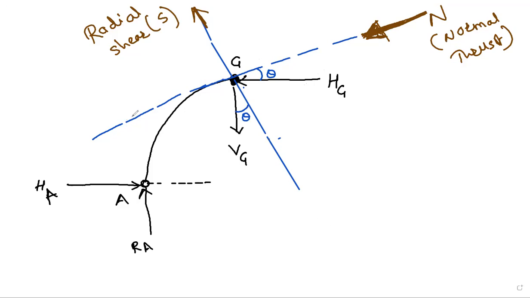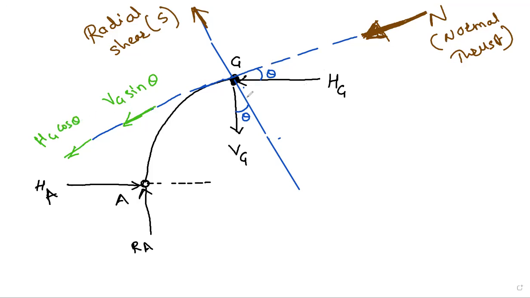So the component of VG in this direction is VG sin theta. Then the component of HG is also in this direction, that is HG cos theta. Is it correct?